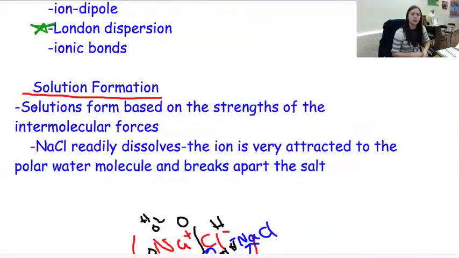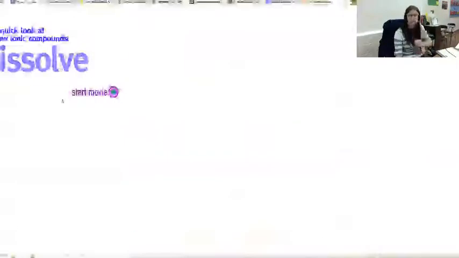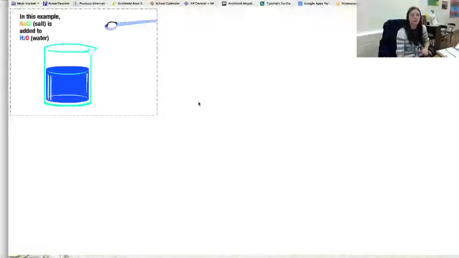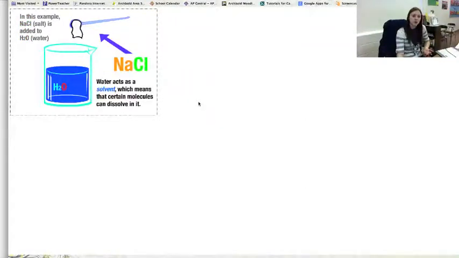Solutions form based on the strengths of the intermolecular forces. If you look at NaCl, that readily dissolves because the ion is very attracted to your polar water and it breaks apart the salt. Let's look at an example of that. We have NaCl salt added to water, H2O. Water is my solvent, which means that it dissolves it.